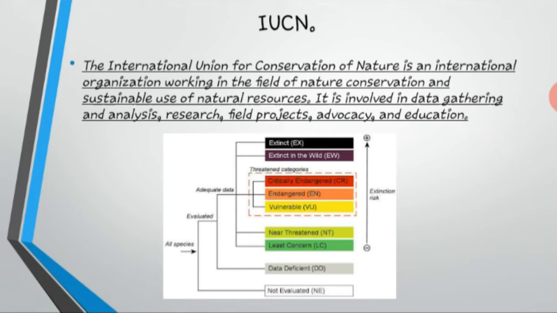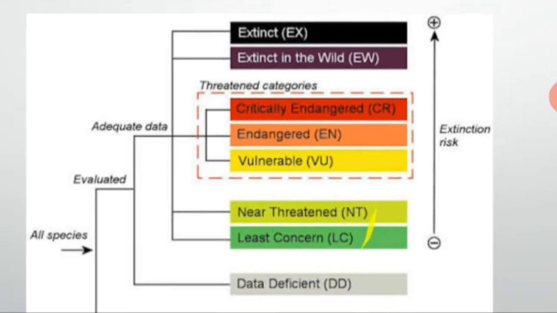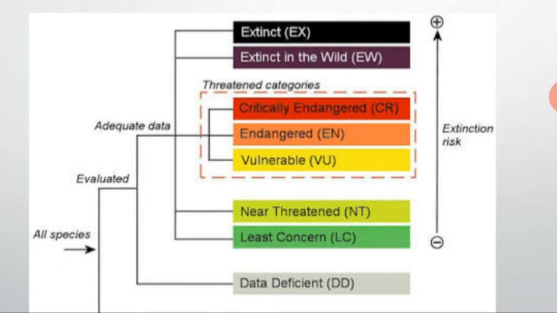It is involved in data gathering and analysis. It actually classifies species. For example, if a species does not exist anymore, it will name it extinct. If a species exists in abundant quantity, it will name it least concern. The threatened categories are critically endangered, endangered, and vulnerable. This is the most discussed category of IUCN, in which they see that the animal is at risk. It can go extinct from the world.